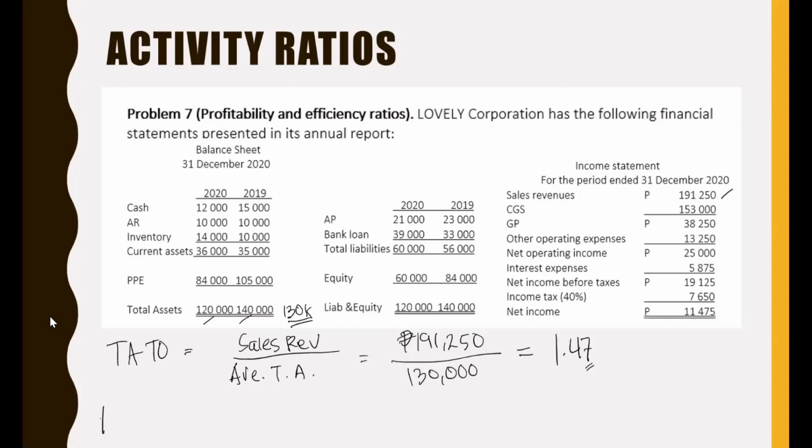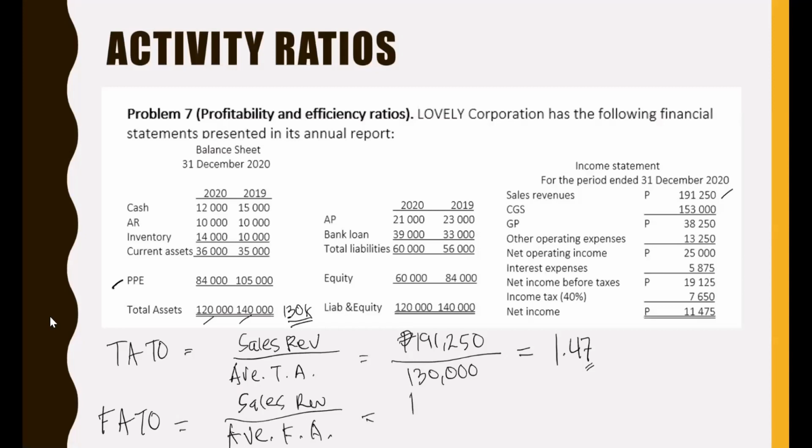Now, for fixed assets turnover, so almost the same, no? Denominator lang naman ang nagbago. So, sales revenue divided by average fixed assets. Okay, so fixed assets pertain to non-current assets. So, in this case, PPE only.